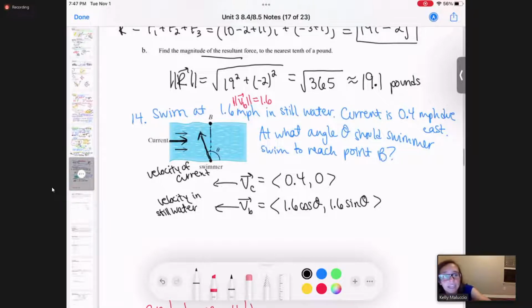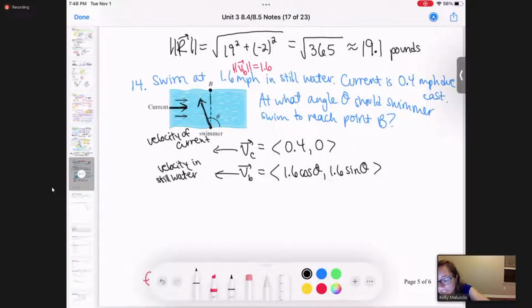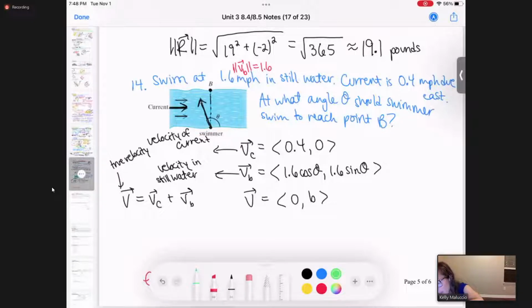And then if we want to figure out the true velocity, we would just add these up, right? Because the current is pushing you back a little bit. And so V is going to be 0 and b, but in this case, we don't know b.